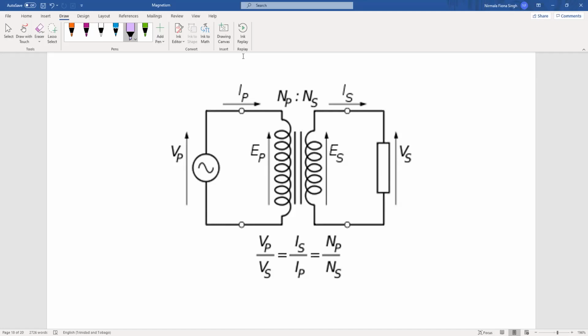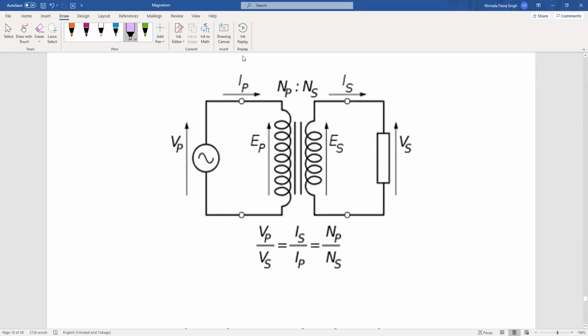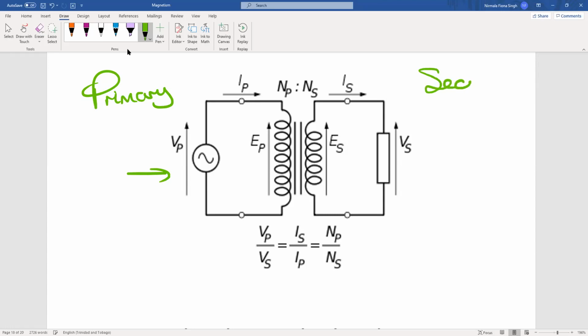So let's see what we have on the screen. On this side, we have our primary coil, and our primary coil supplies the current, and our secondary coil uses the current. So here we have a supply, and here we have a resistor, any kind of device. We use the current in your secondary coil. So let's look at everything here.